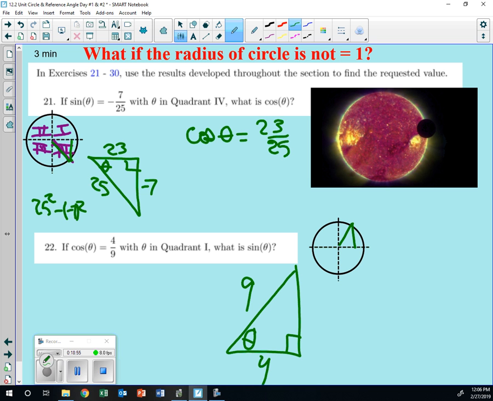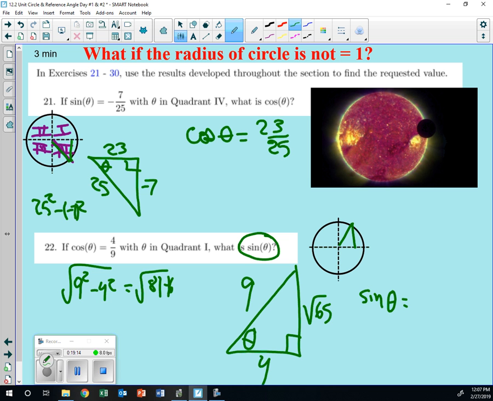This side is the square root of 9 squared minus 4 squared. I think that's 81 minus 16. I think that's the square root of 65. Positive in quadrant 1. Now, answer the question. What's the sine of theta? Sine is going to be opposite over hypotenuse.